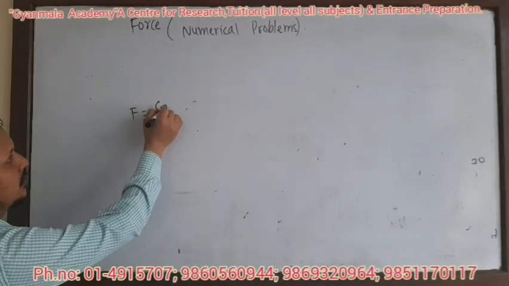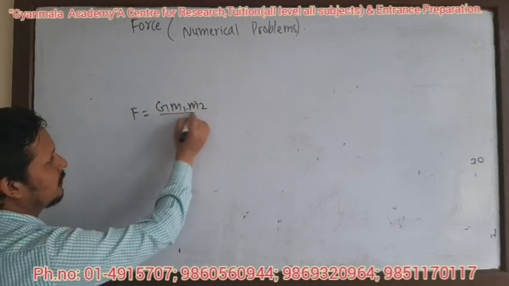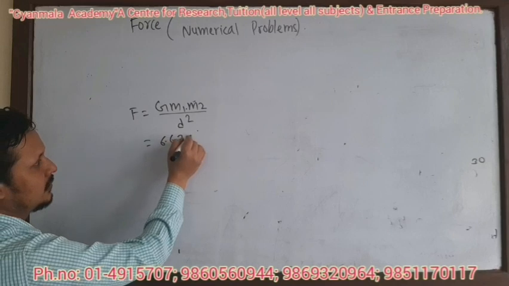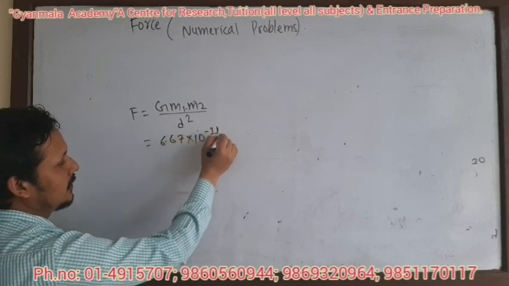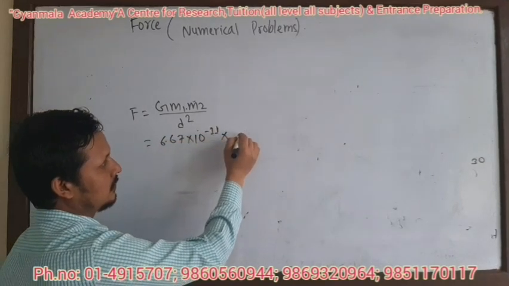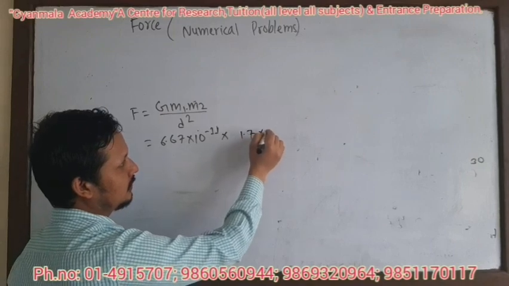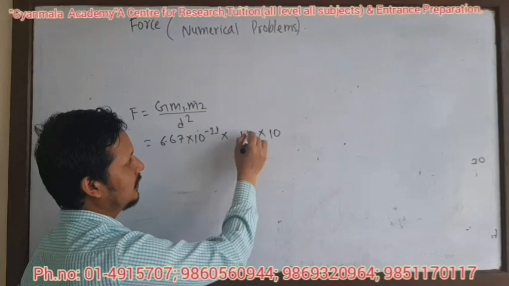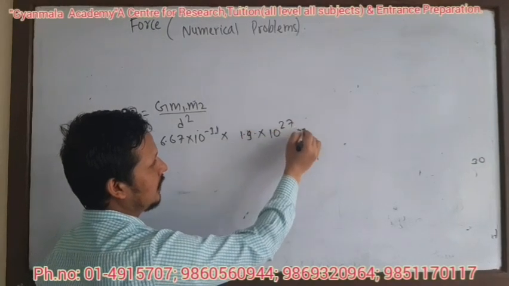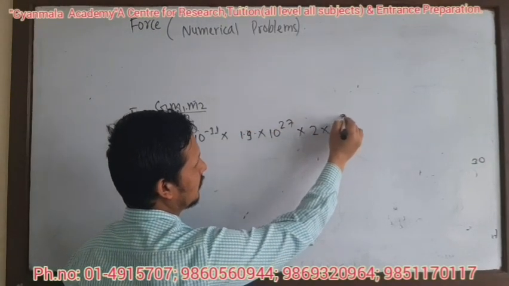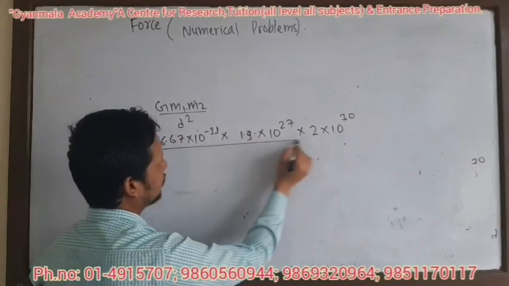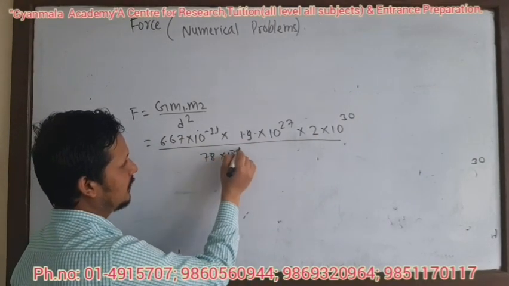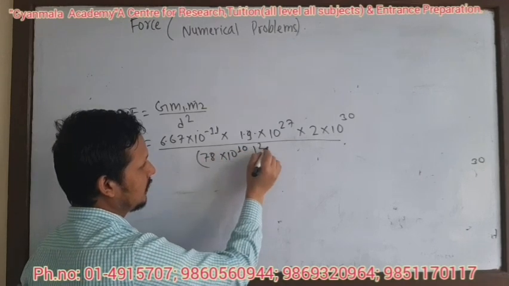F equals G m1 m2 over d square, and putting the value of G, 6.67 into 10 to the power minus 11, m1 1.9 into 10 to the power 27 and m2 equals 2 into 10 to the power 30, divided by distance 78 into 10 to the power 10 whole square.